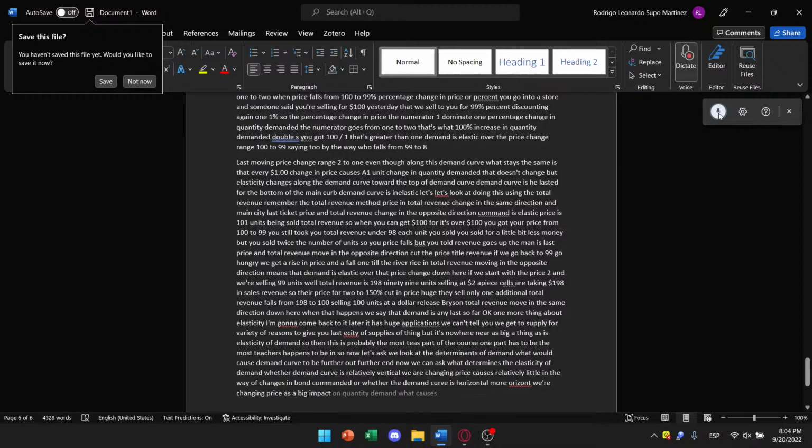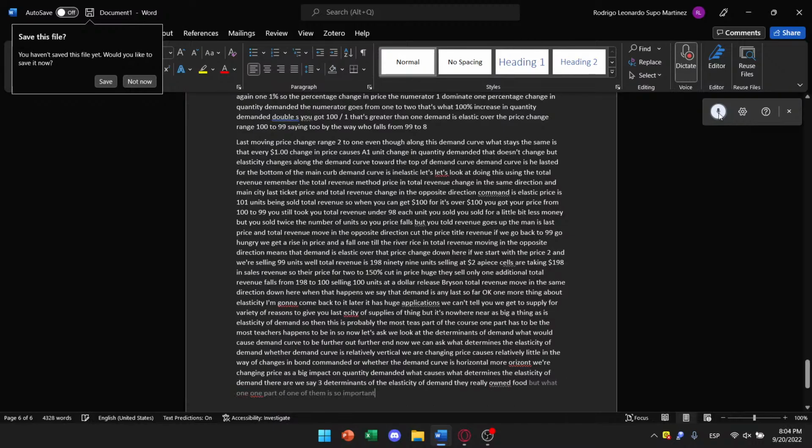What determines the elasticity of demand? There are, we say, 3 determinants of the elasticity of demand. There are really only 2, but one part of one of them is so important, you kind of pull it out for special emphasis.